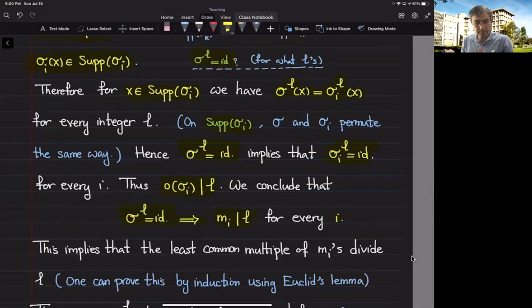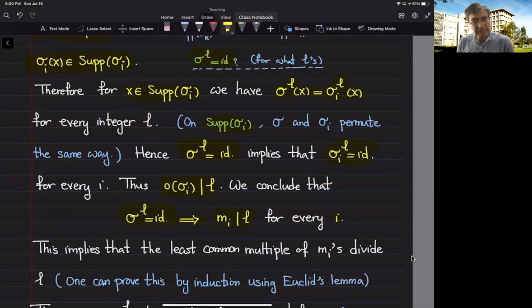Okay, now in one of your homework assignments, you've seen that if two integers divide another one, then the least common multiple of those two should divide L. In fact, you discussed this when those two numbers are co-prime to each other.